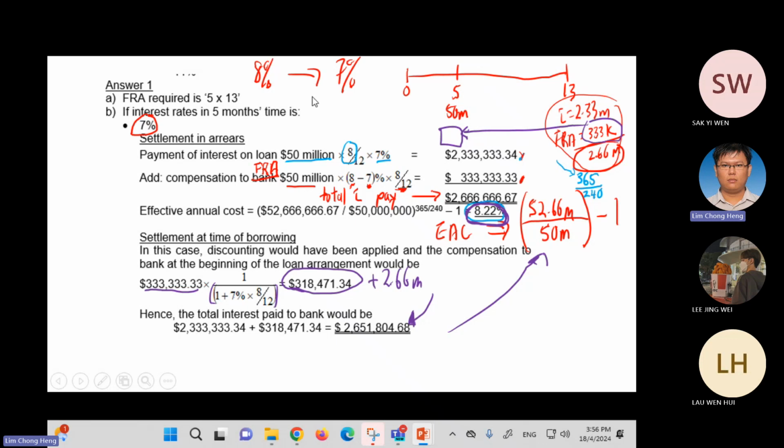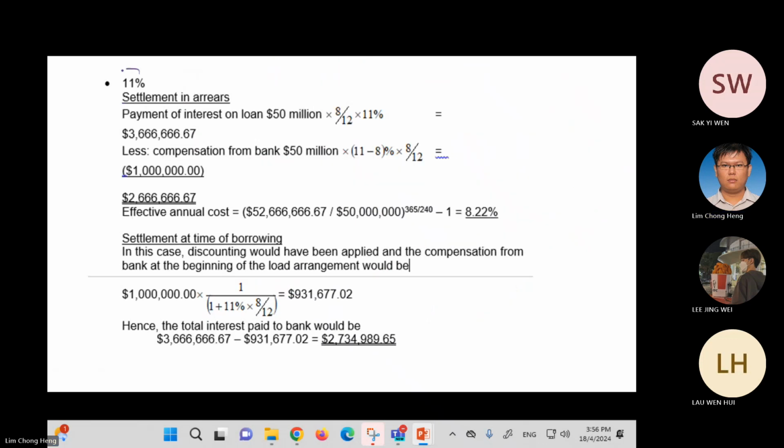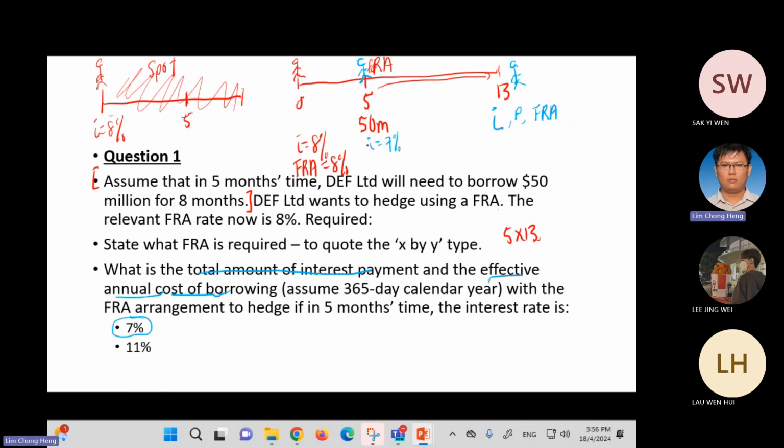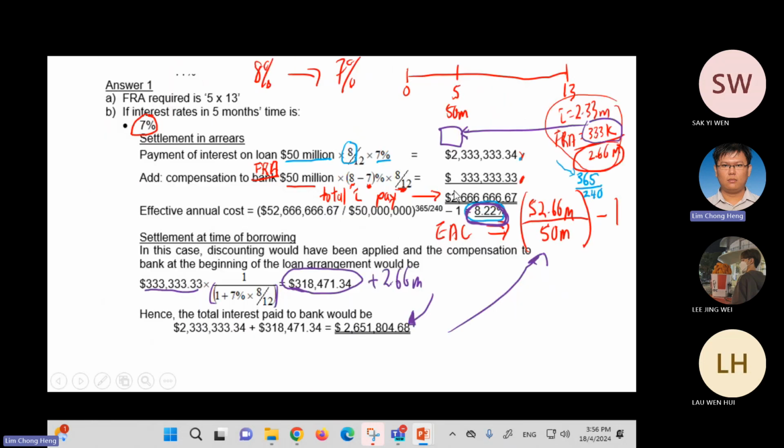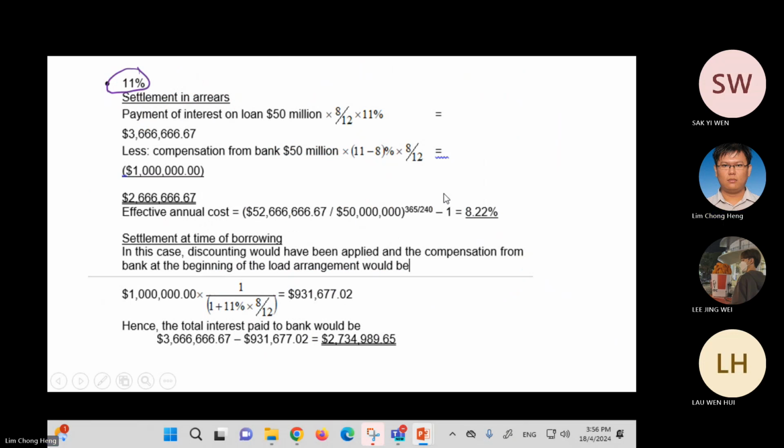So we go to another situation. Now, when you sign the contract here, market interest goes to 11%. So what is your total interest pay, and what is your hedge efficiency ratio? Same thing.